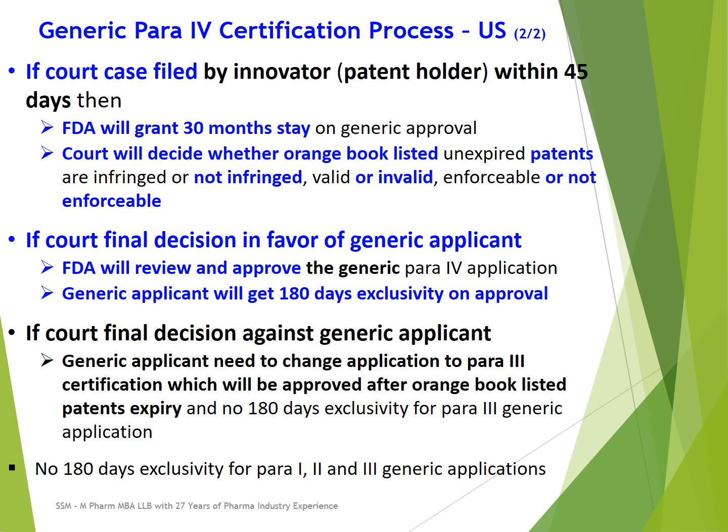But if a court case is filed by the innovator patent holder company within 45 days of notice, then FDA will grant a 30 months stay on generic approval. For the next 30 months, FDA will not approve any generic product, and the 30 months stay will be there.